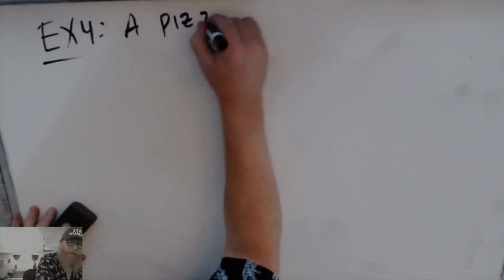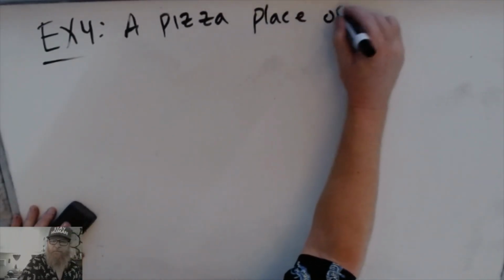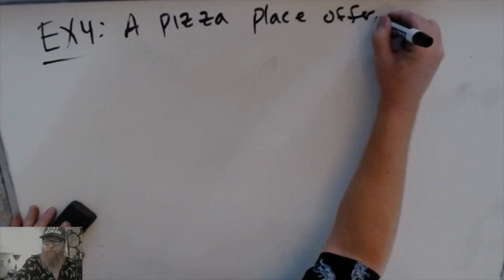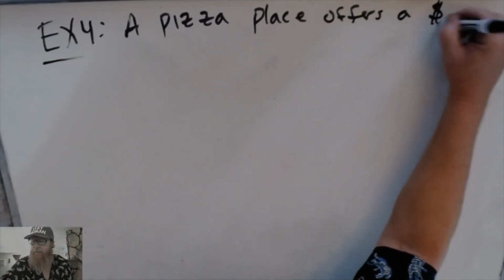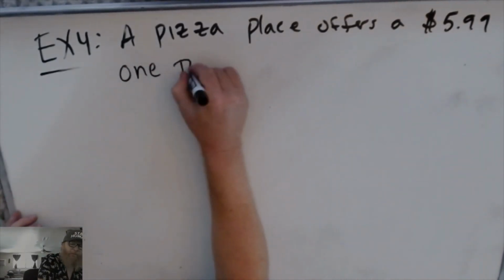A pizza place, example 4, offers a $5.99 1-topping special.